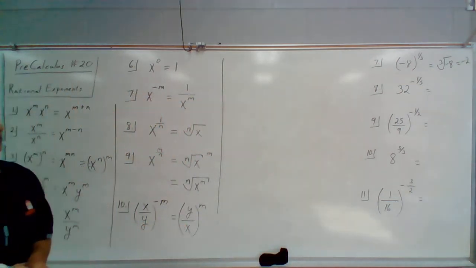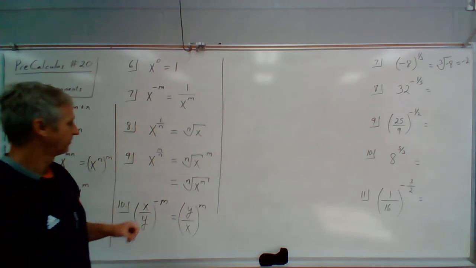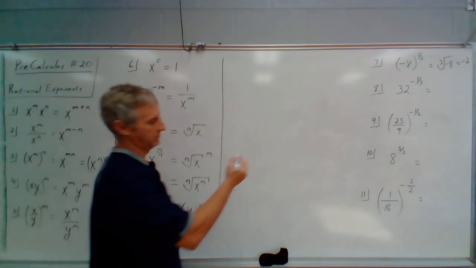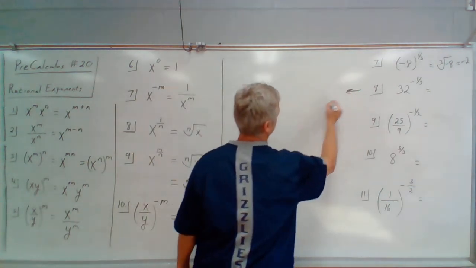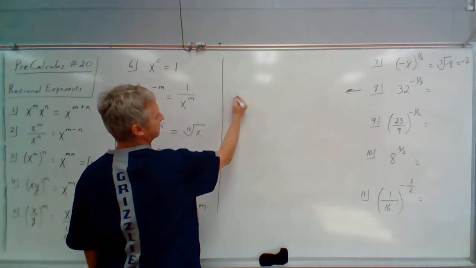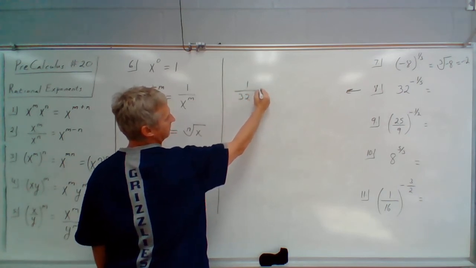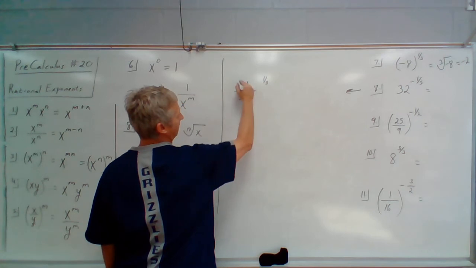All right, so 32 to the negative 1/5. Okay, so we have a negative exponent. So that would be the same thing as 1 over 32 to the 1/5 power.